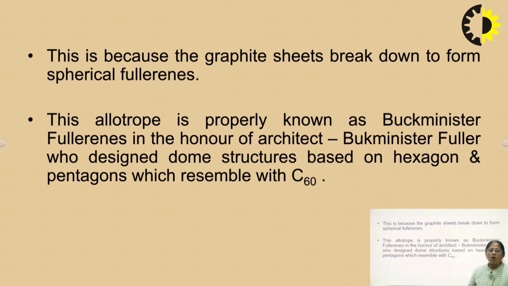This is because the graphite sheets break down to form spherical fullerenes. This allotrope is properly known as Buckminsterfullerene in honor of the architect Buckminster Fuller, who designed dome structures based on hexagons and pentagons, which resemble the C60.